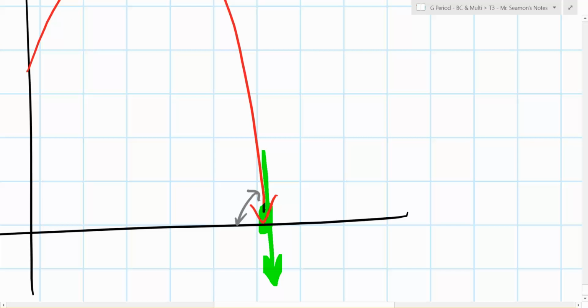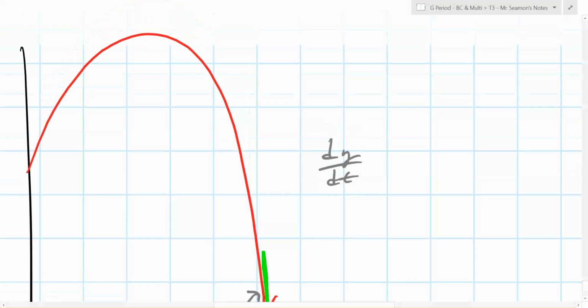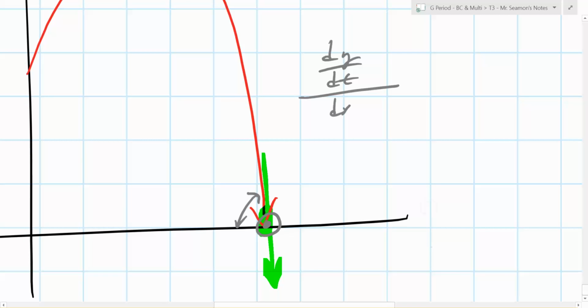How do you find that? Yeah, so you're going to find the angle measure based on the line of tangency. How do you find the slope of the line of tangency right there? dy dx. So you have dy dt, and then you also have it over dx dt when t is equal to a, right?